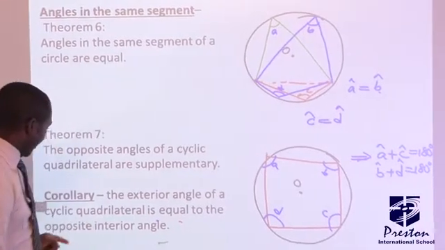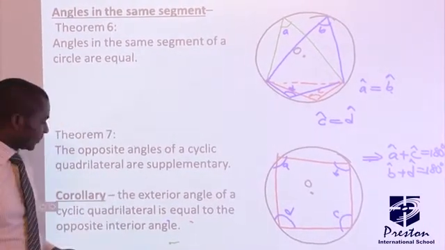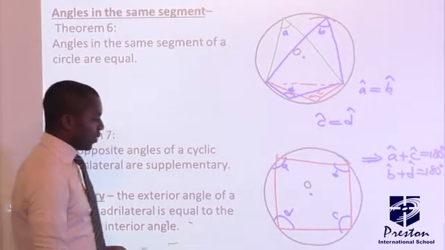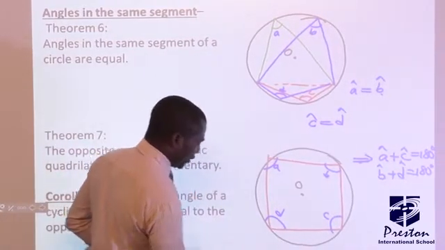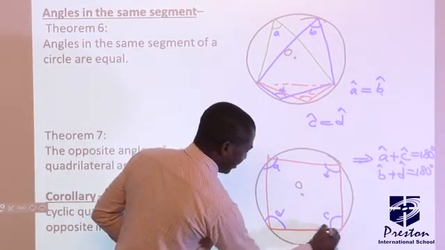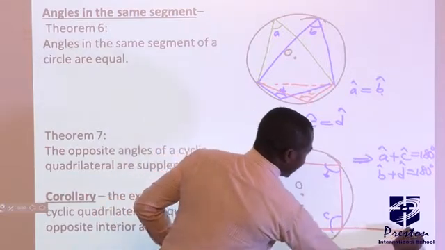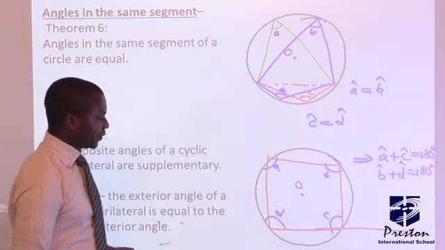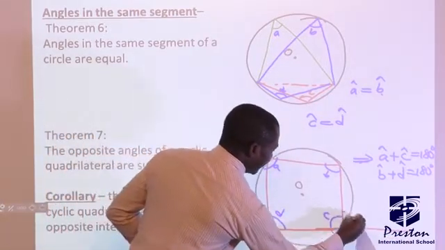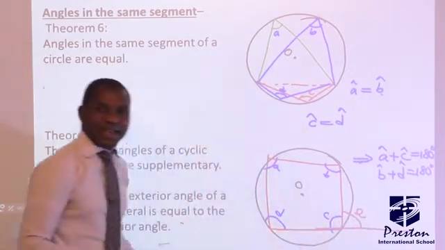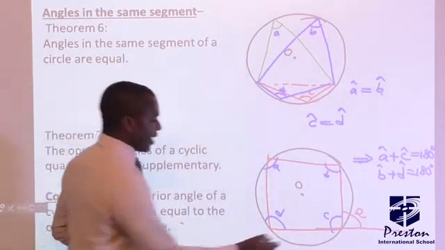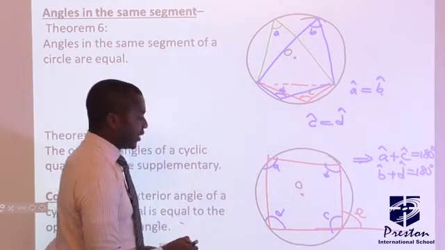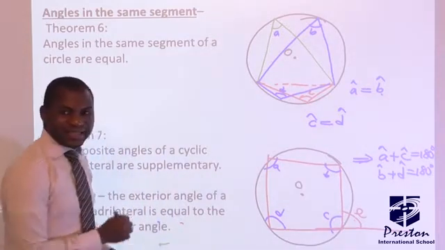Now, there is a corollary to this theorem. That is the exterior angle. If we produce this line outward, the angle here, angle E, is called the exterior angle. This exterior angle is equal to the opposite interior angle.